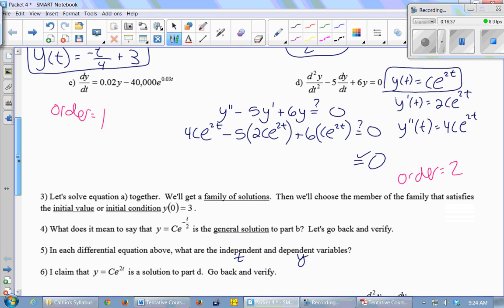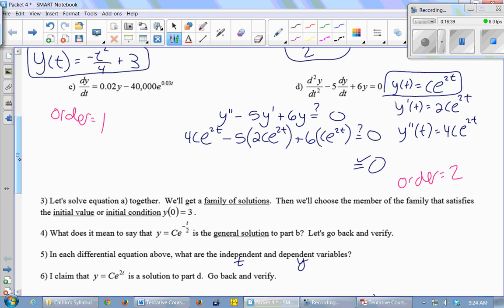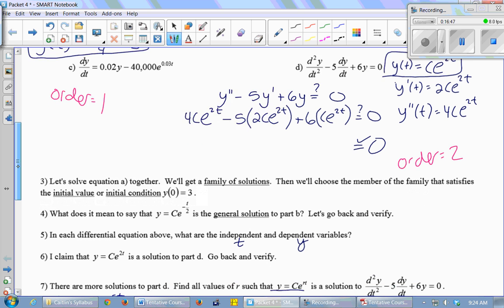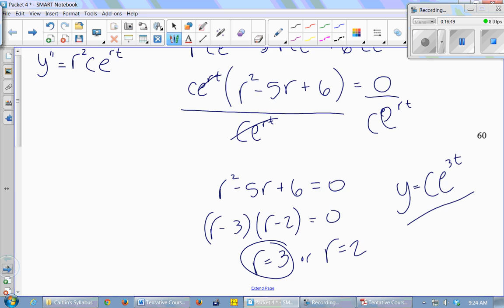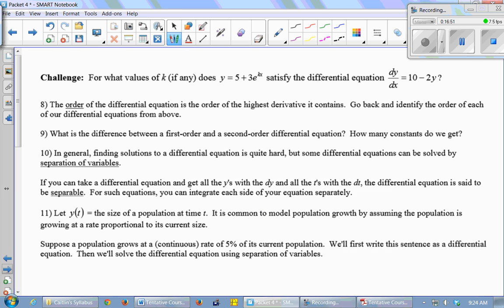There are actually more solutions than just c e to the rt, so that's not the most general solution. So first order, 1 constant. Second order, 2 constants in the most general solution.